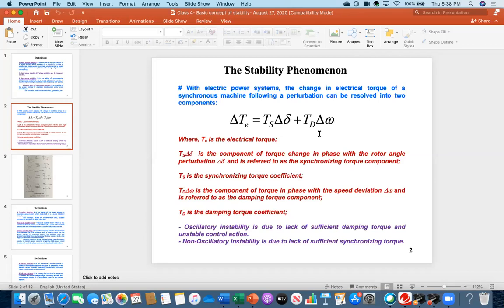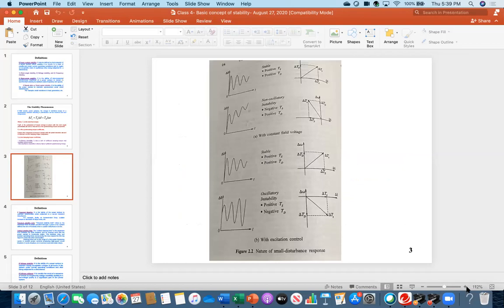The next one is called the damping torque component, because this is the component of the electrical torque which is in phase with the speed deviation. Depending on the situation, you can understand whether the system is going to a stable or unstable position. I have explained this equation in the next slide with the help of a diagram.